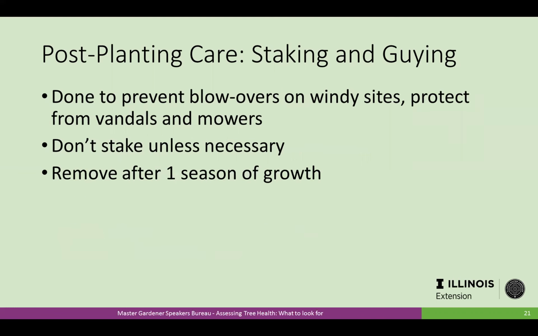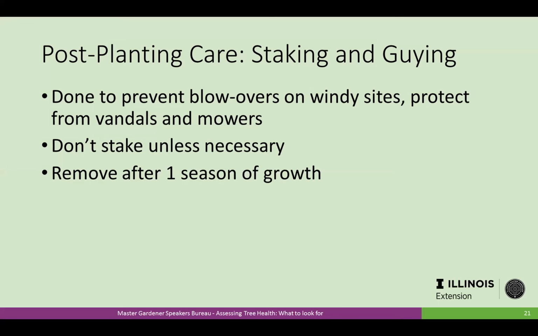Staking, again, is done to prevent blowovers on windy sites, or sometimes to protect your tree from vandals and mowers. But don't stake a tree unless there's a reason to stake it. So it's not something that you do just because you planted a tree. And if you do stake it, it's recommended that you take the staking away after one season of growth.